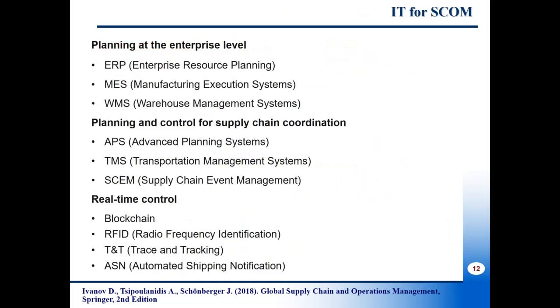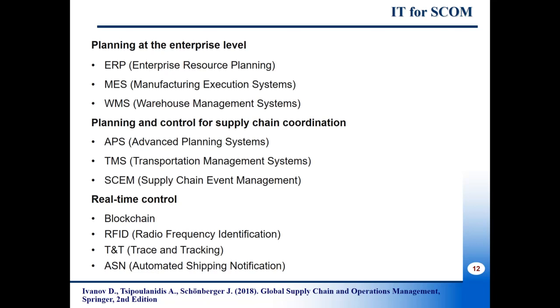There are several IT systems that can be used for SCM. For instance, planning at enterprise level. We recognize ERP, that is Enterprise Resource Planning, and then MES, Manufacturing Execution Systems, and WMS, Warehouse Management System.